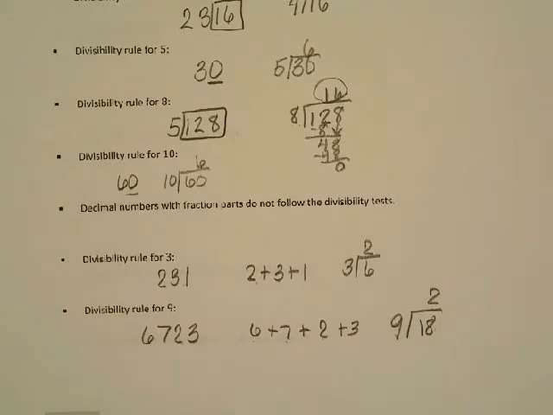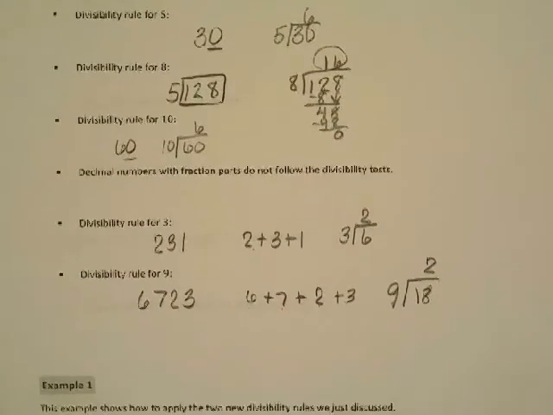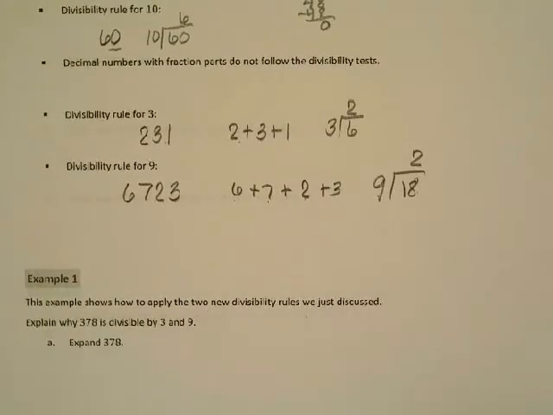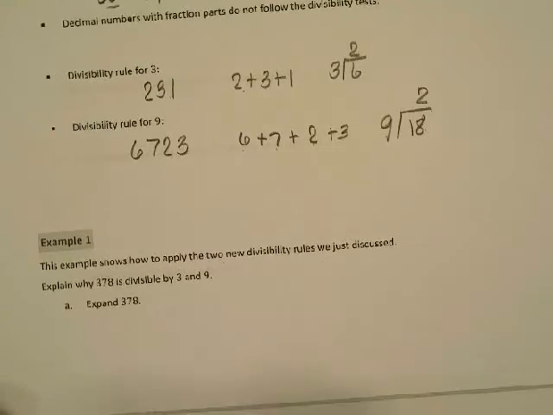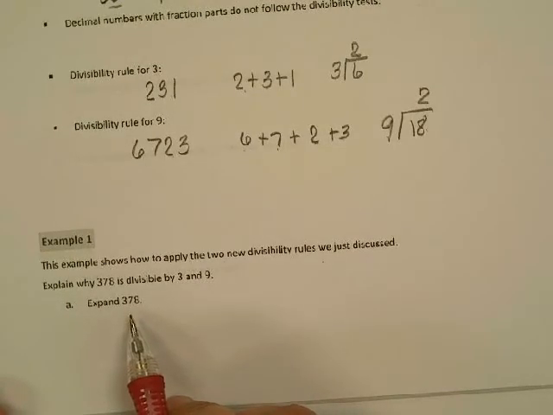So now we're going to go on in the lesson, and we're going to do a couple of examples together. In this first example, it wants us to look at our divisibility rules for 3 and 9. And the first task that it has us do is expand 378.